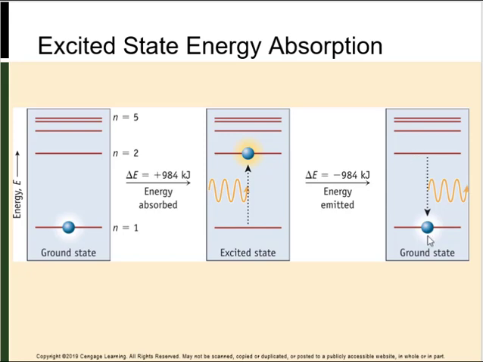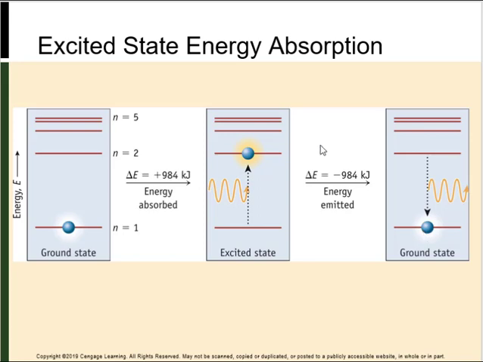For it to go back down to the ground state is the opposite process. So the electron is falling, quote unquote, from a level of higher n to one of a lower n. So this is an emission of energy, a transfer of energy, and it's usually as radiation from the atom to its surroundings.